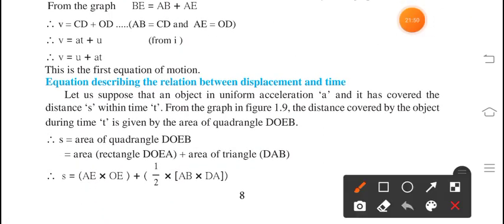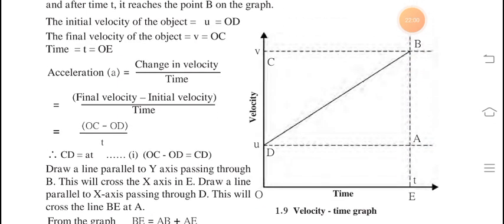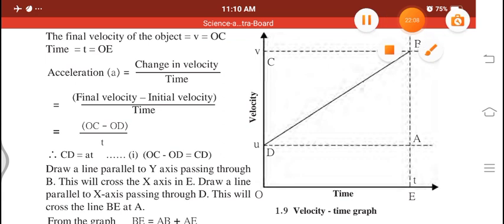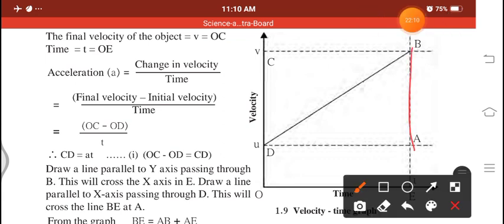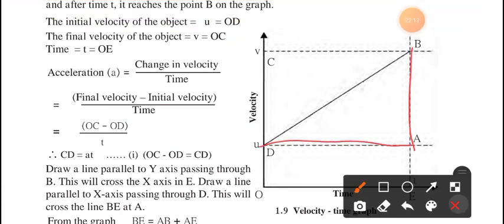And for the triangle, half into base into height, which is a basic formula: half into AB into DA, height is AD.